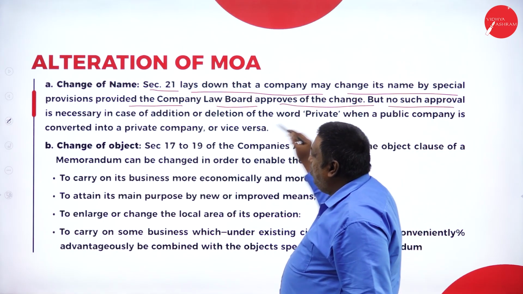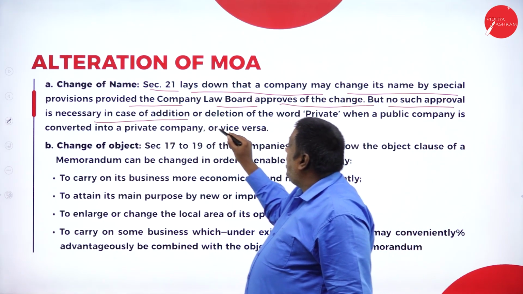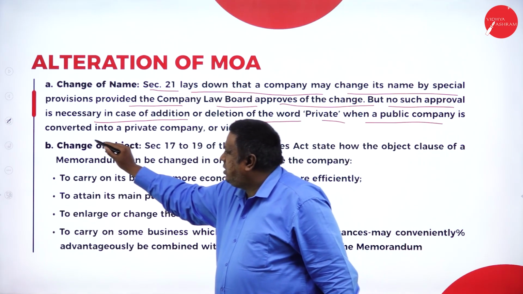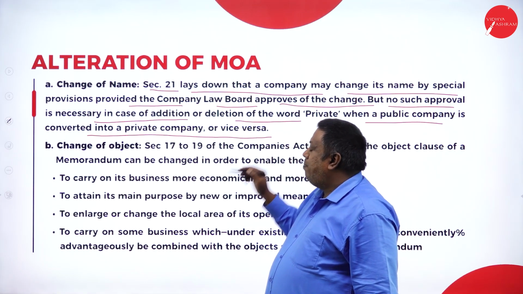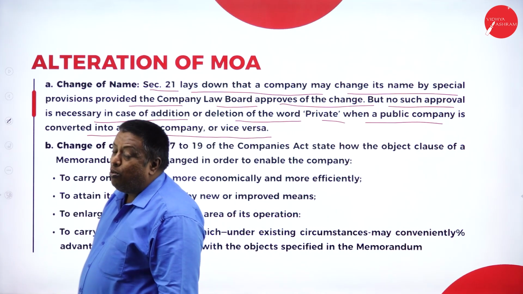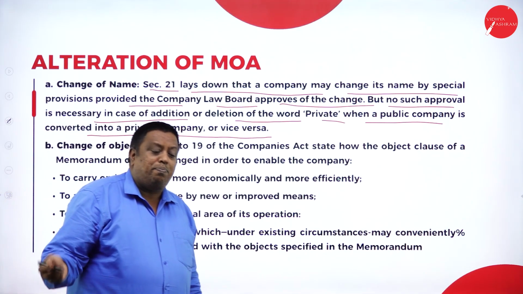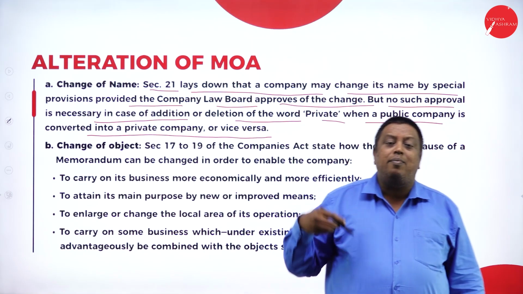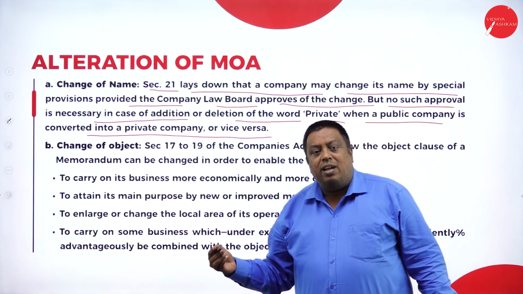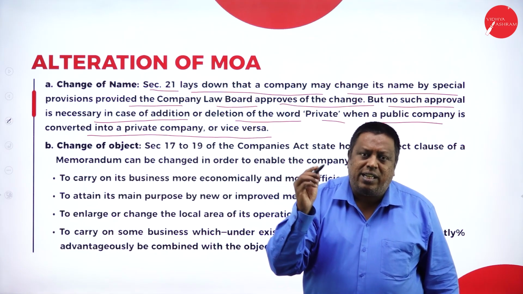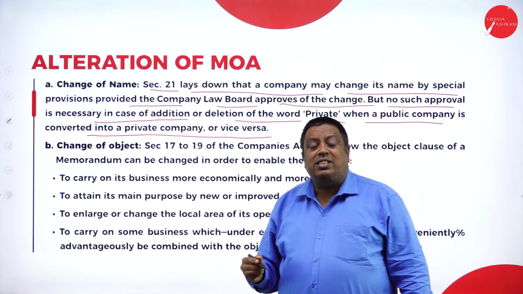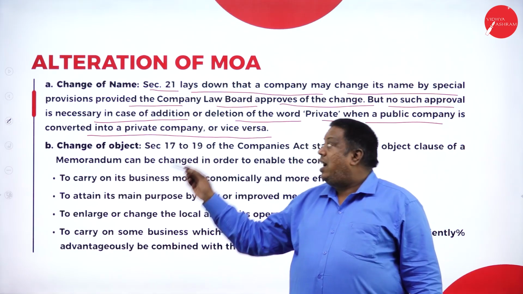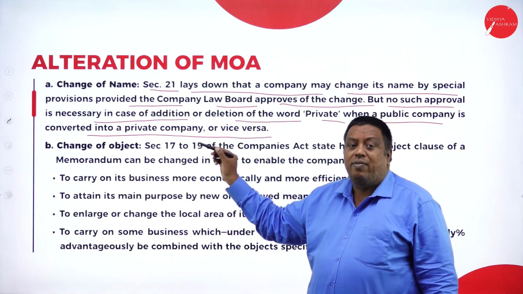We have to pass a special resolution. For example, if it is Sun Motors Private Limited and I'm changing to Sunshine Motors Private Limited, then we have the change of name under section 21.